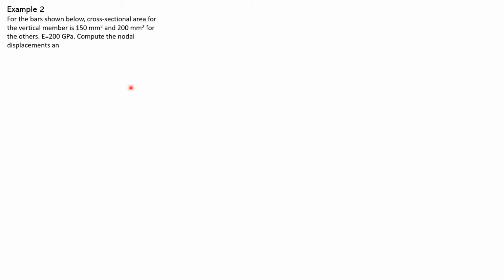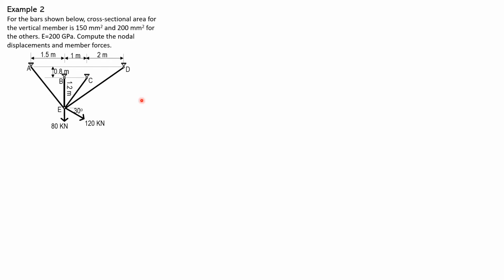Then for example 2, for the bar shown below, cross-sectional area for the vertical member is 150 mm square and 200 mm square for the others. Modulus of elasticity is 200 gigapascals. Compute the nodal displacements and the member forces. So if you notice, there are only 2 degrees of freedom.